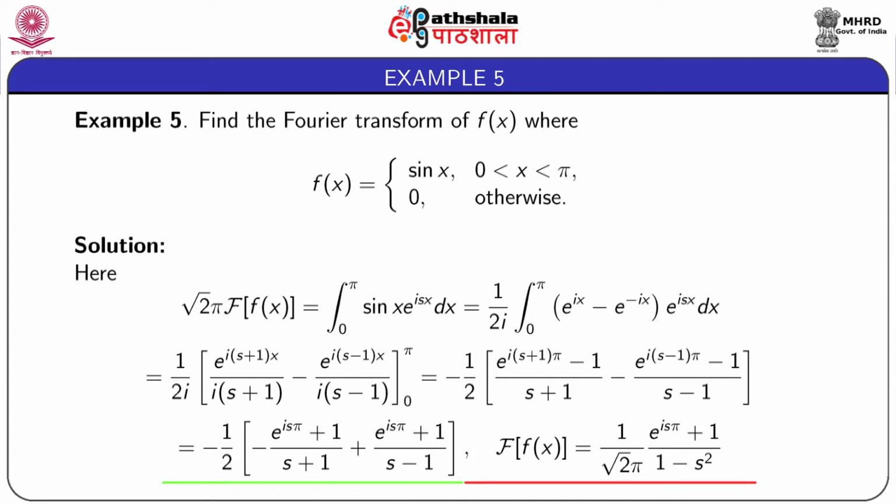So, the Fourier transform of f x is given by 1 by root over 2 pi, e to the power i s pi plus 1 divided by 1 minus s square.